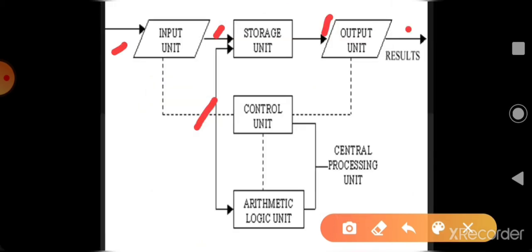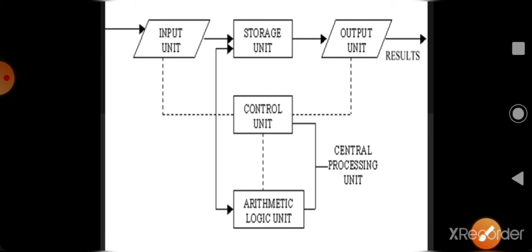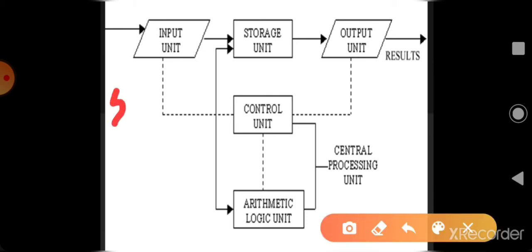Understand how this chart works. First, input unit like keyboard, mouse, scanner. These devices we call the input unit. If you give any two numbers, suppose I am giving two numbers 5 and 6.